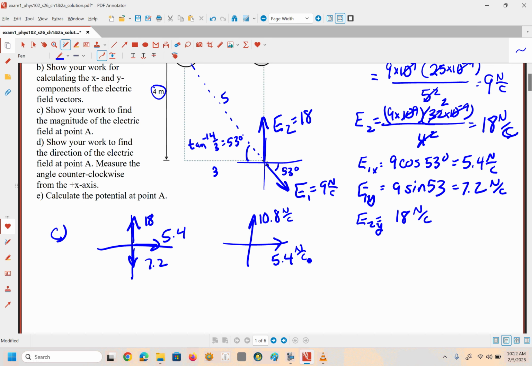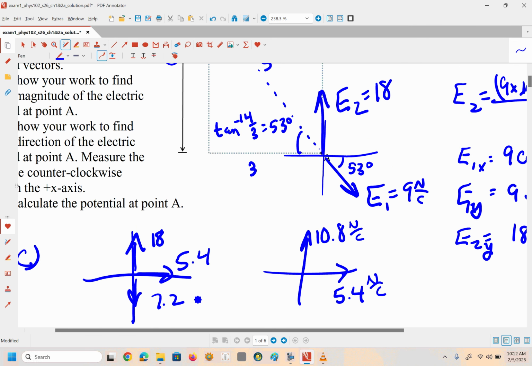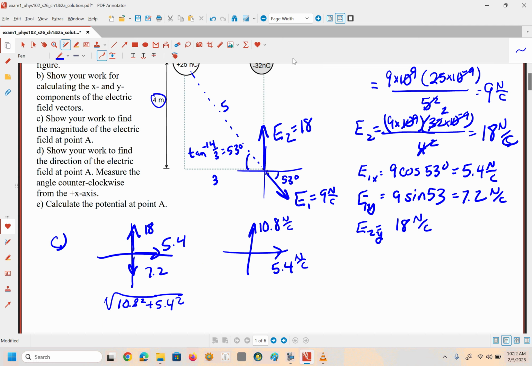And now to find the magnitude of that, I say the square root of 10.8 squared plus 5.4 squared. I get 12. Yeah, 12. Sorry, y'all, I have a new computer here. Anyway, that's equal to 12 newtons per coulomb. So that's the magnitude of it. And then I also want to find the direction.